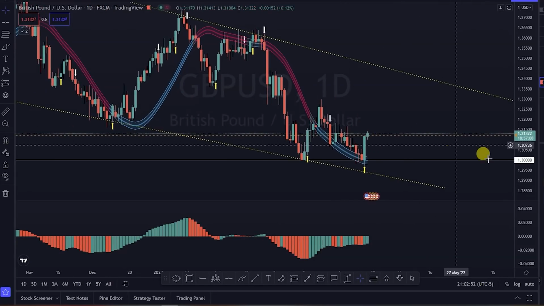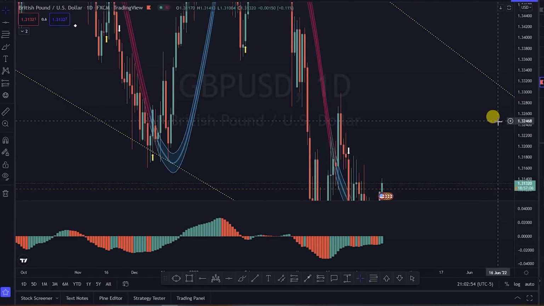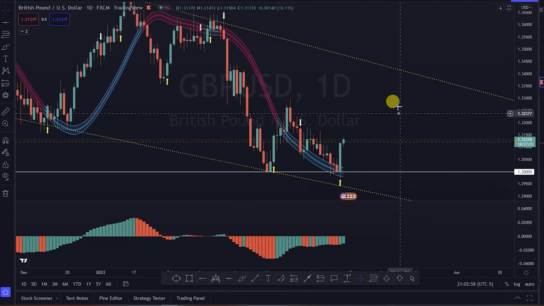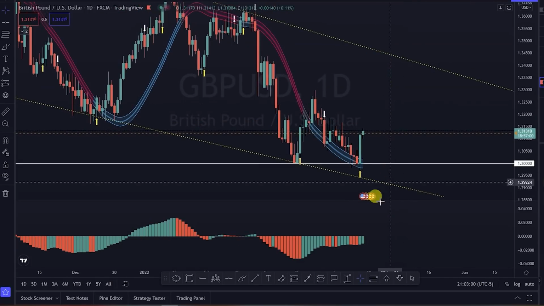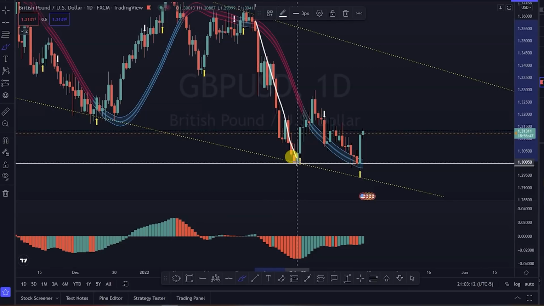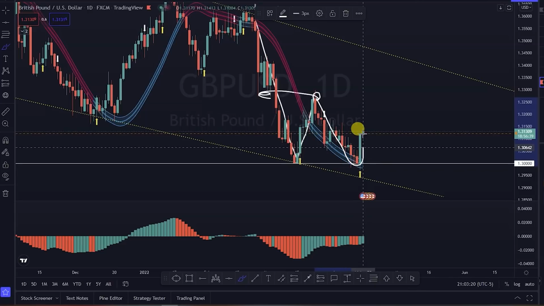But if we shift the market to the daily time frame, guys, for most of you who trade patterns, you can clearly see that this is forming a W pattern, right? So let me just show you. We have the left side, and then the neck right here, which is similar to right here, and then we have this side forming.